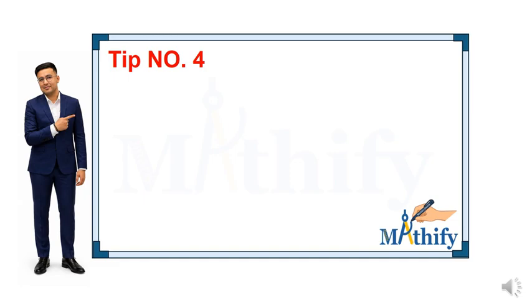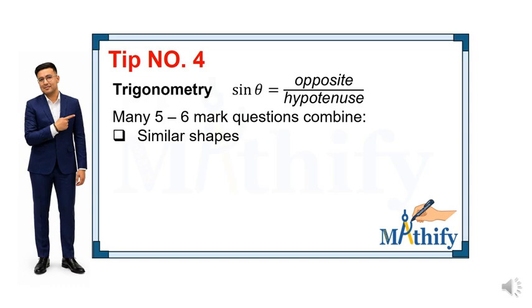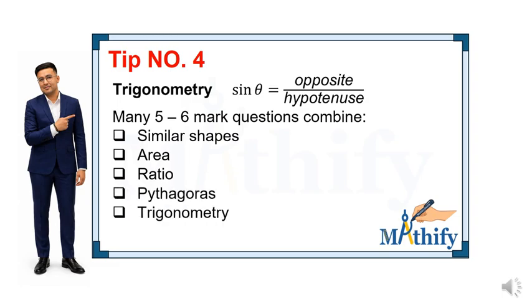Tip number 4. Trigonometry. Sine theta is equal to opposite divided by hypotenuse. Many 5-mark or 6-mark questions combine the following: similar shapes, area, ratio, Pythagoras, trigonometry.